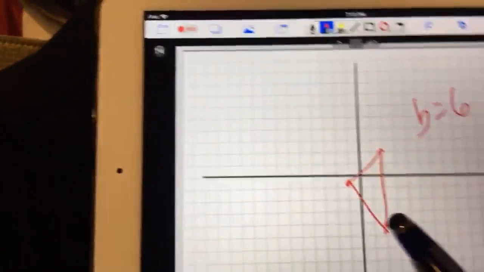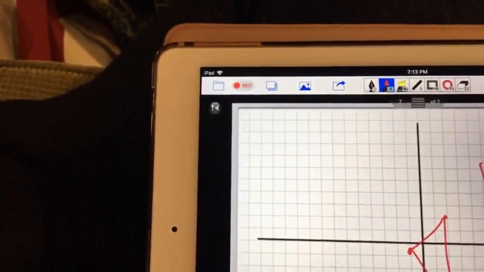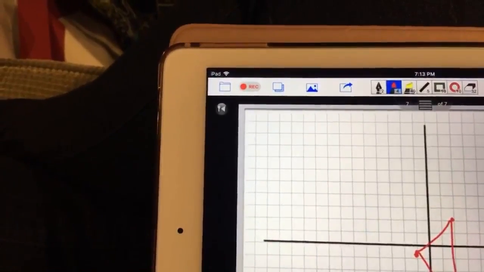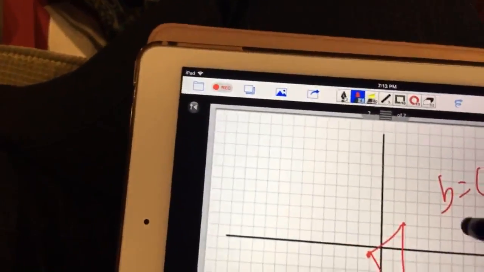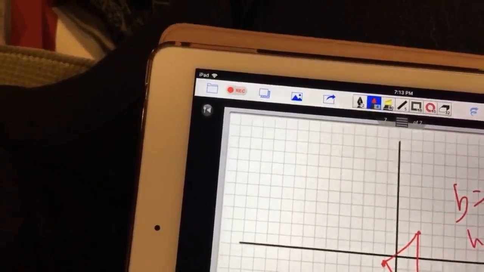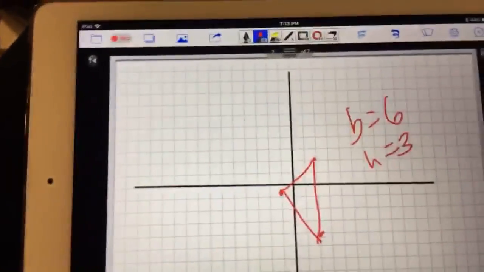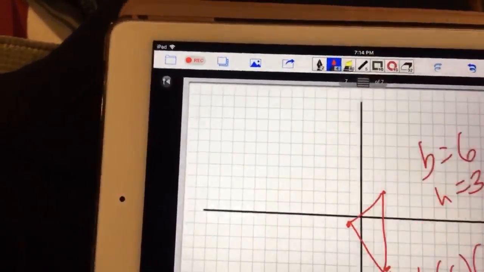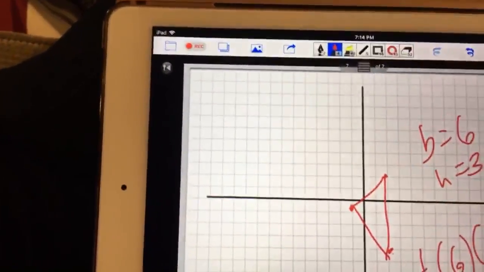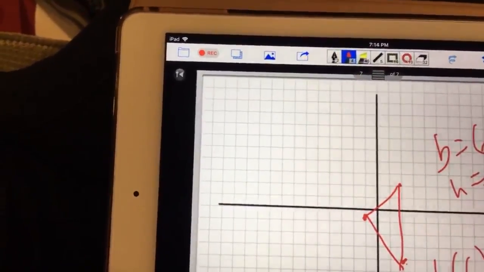The height would be the distance from here to a point here, so that's going to be 3. The area of a triangle is 1/2 base times height, so that's going to be 9.